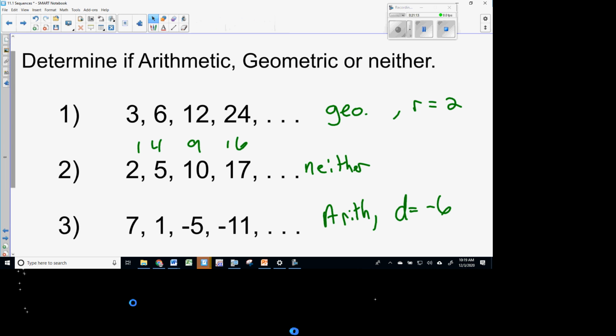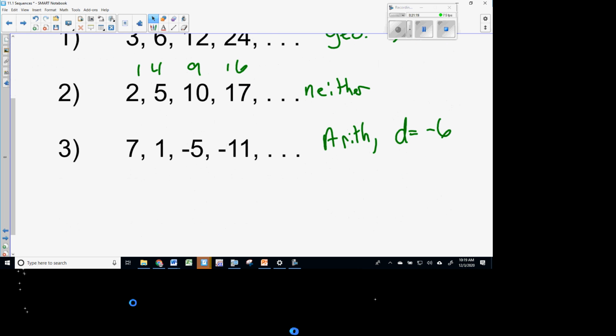So let's say we're looking at a sequence. Even if we look at a simple one like number 3, I say, what's the next term? Negative 17, right? You just subtract 6. What if I said, what's the 100th?